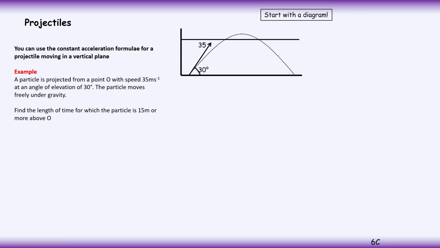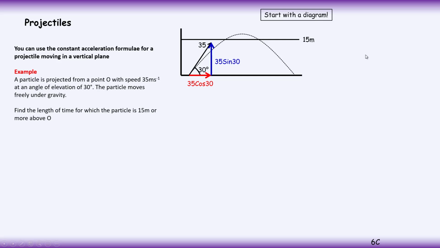Okay. Now we've got to resolve our velocity horizontally. It's adjacent to it, so that's going to be 35 cos 30. Vertically, it's opposite to the 30, so it's going to be 35 sine 30. We've got our diagram. We know it's going to hit 15 here and here, so it's the difference between the two times.